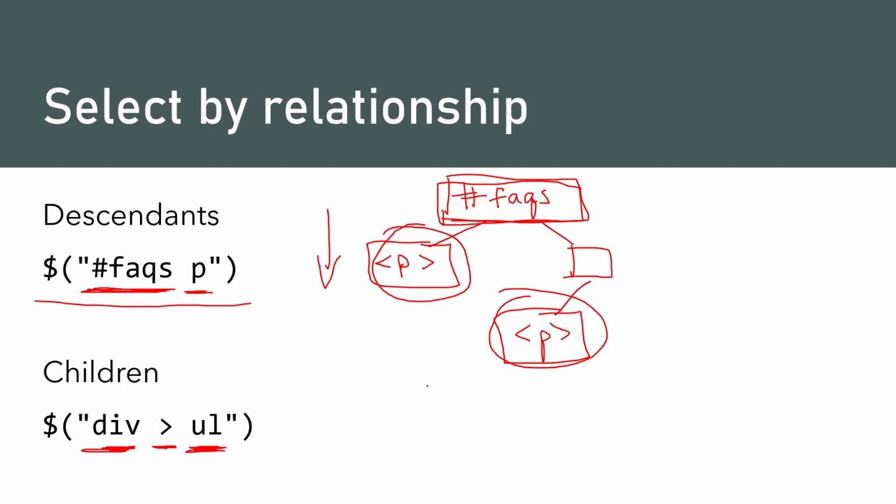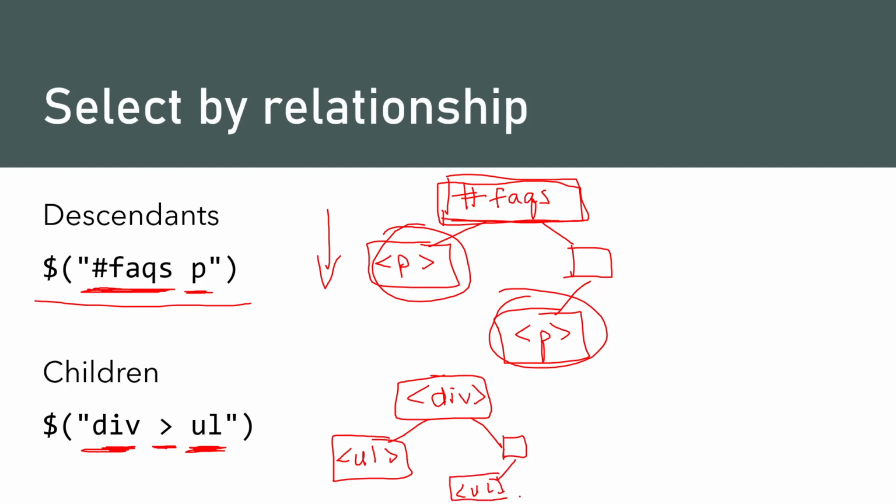So this would have to be this sort of relationship. So if there was a further descendant, this one would get included by the selector, this one would not. So this just gets direct children that are one level below.